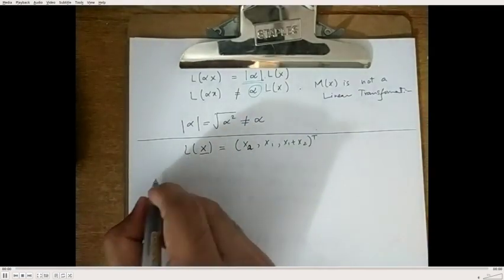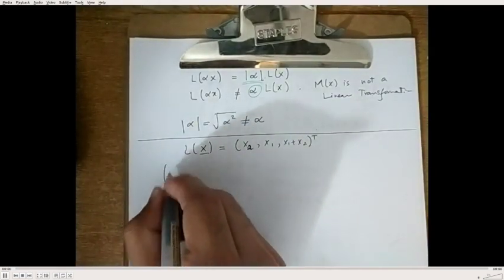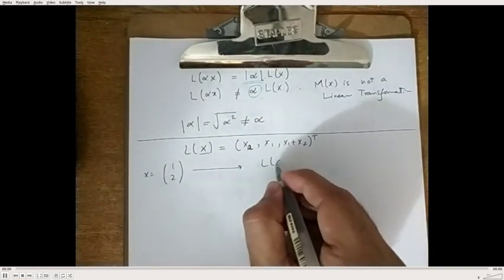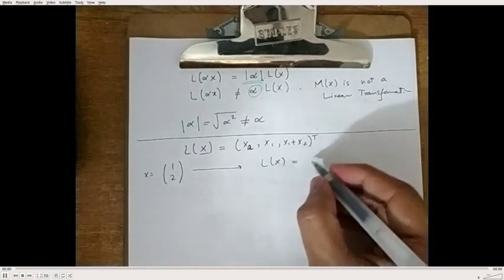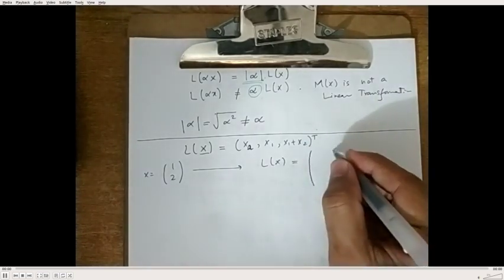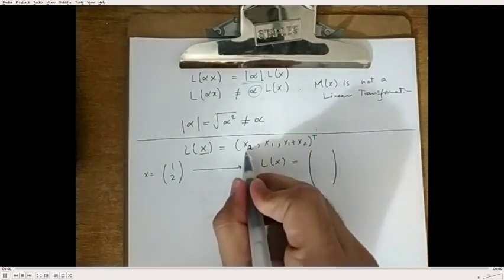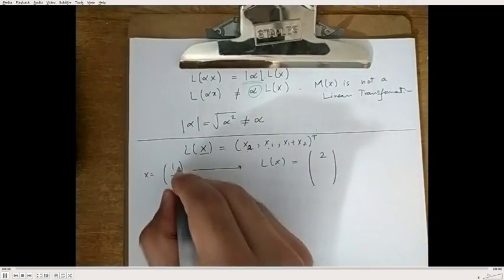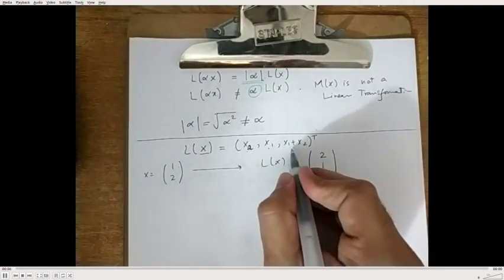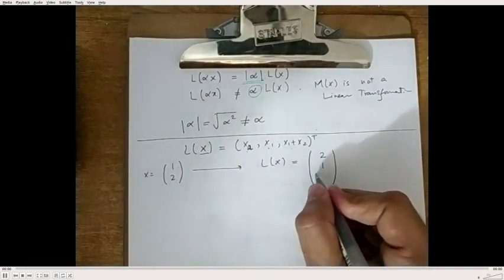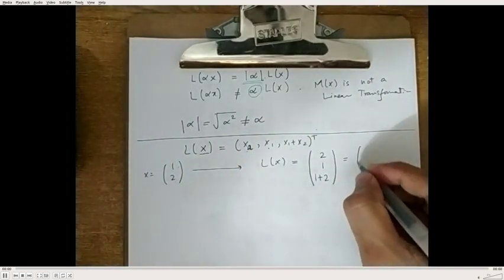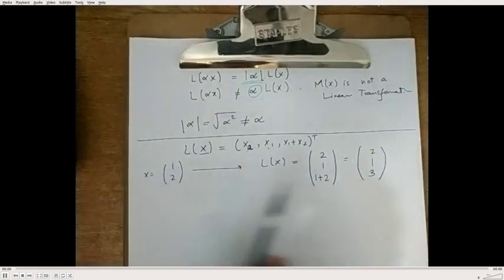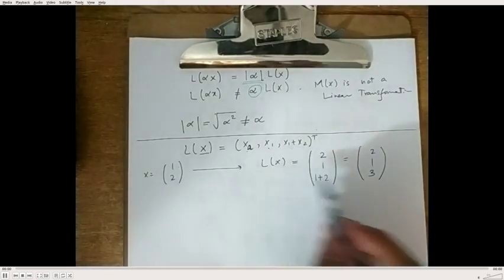So essentially, if you have a vector (1, 2), then the image L of x is going to be a three-dimensional vector where the first component is x2, which is 2, the second component is x1, which is 1, and the third component is the sum of these two components, 1 plus 2, which becomes 3. So the image of (1, 2) under this transformation is (2, 1, 3).